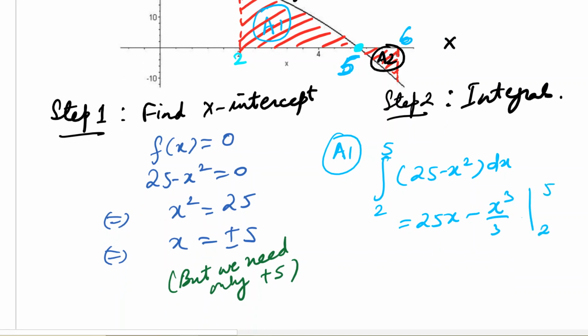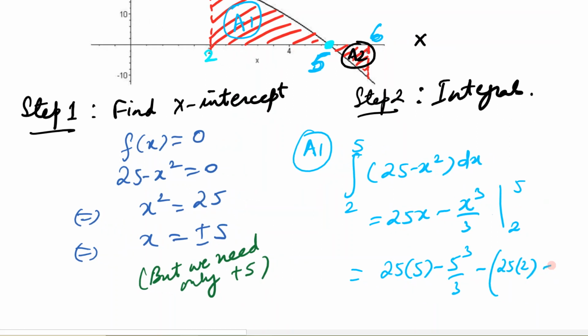So we plug in the limits. We get 25 times 5 minus 5 cubed over 3, minus 25 times 2 minus 2 cubed over 3. When we evaluate it, we get 36 as our answer.